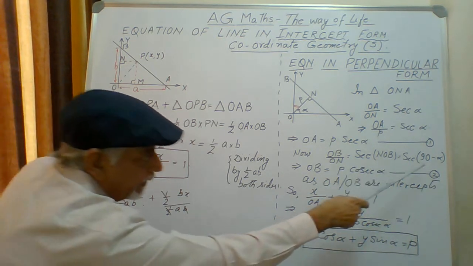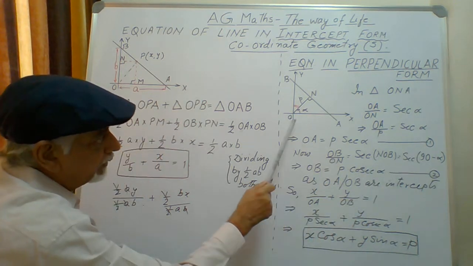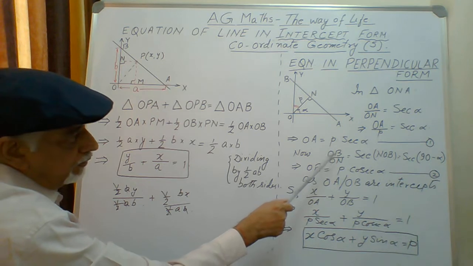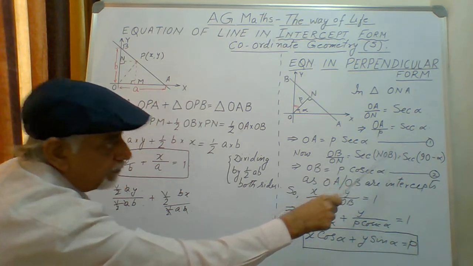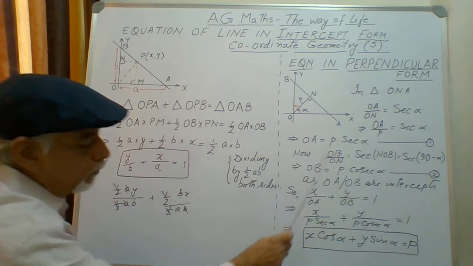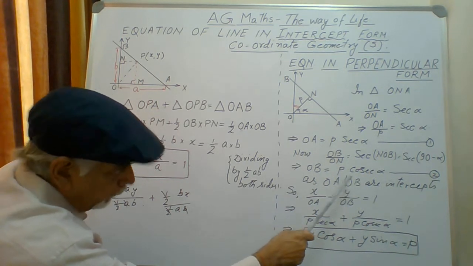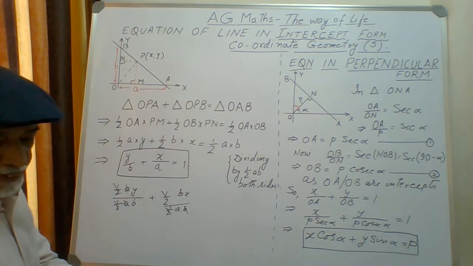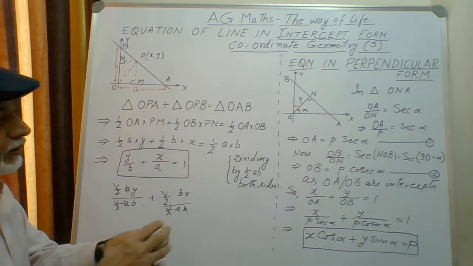This is replacing this, and ON is nothing but the length p. So OB is equal to p into cosec of alpha. OA and OB are the intercepts. Now here I say OA and OB. It's not over.